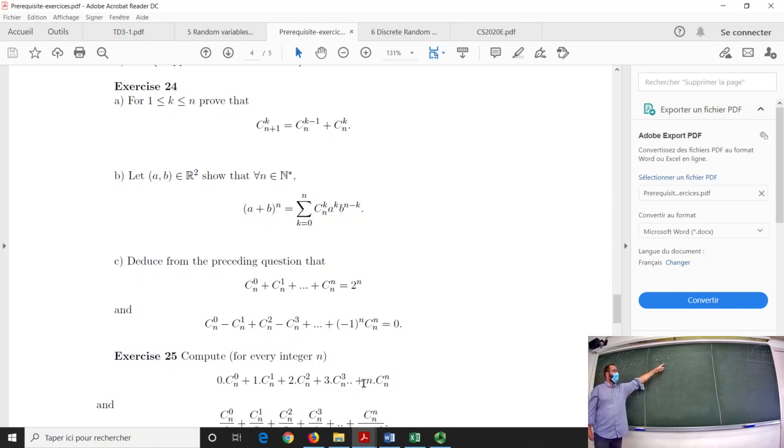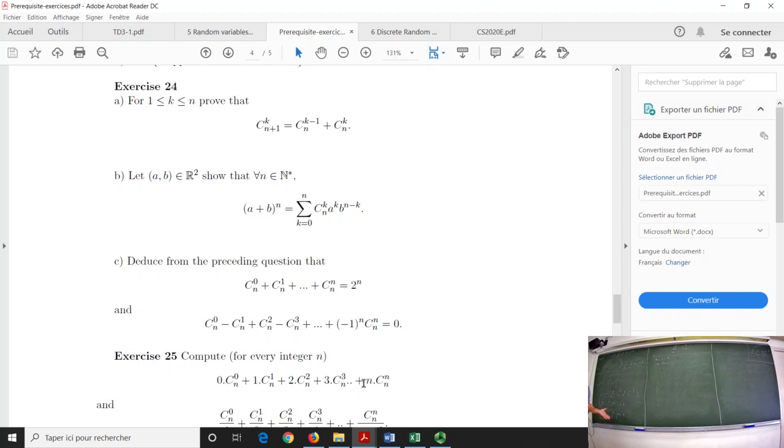So if I define k prime equal to k plus 1, with k from 0 to n, k prime will be from 1 to n plus 1. So I write this sum here. For the moment I write k prime, and at the end I will explain why I don't need it. My c n k becomes c n k prime minus 1. A to the power k plus 1 becomes a to the power k prime.